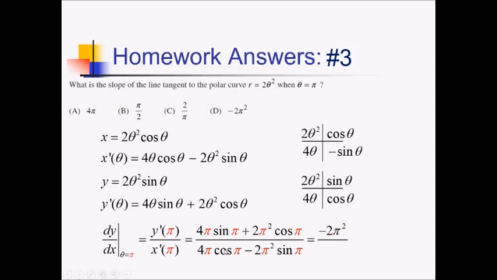Downstairs now, again, cosine of pi is negative 1, so this is negative 4 pi. And then over here, sine of pi is 0, so this term gets zeroed out. So we have minus 4 pi down there. And reducing this, this is going to be 1 over 2 pi on top, so pi over 2. When all is said and done, we get answer choice B.